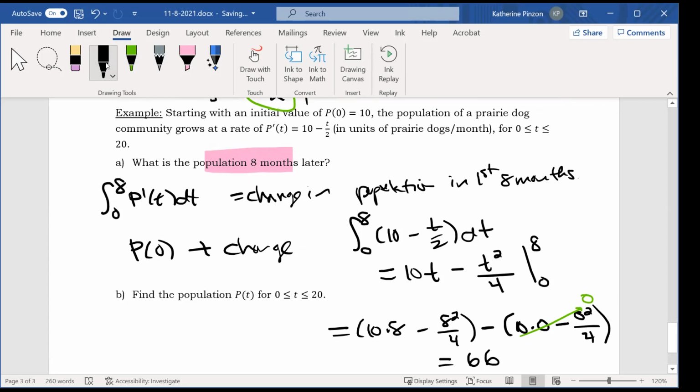Well, this number, 10 times 8 minus 8 squared over 4. Okay. 80 minus 16 has a 4 at the end. Yeah, you're right. Definitely has a 4 at the end. Okay, what is that 64 again?